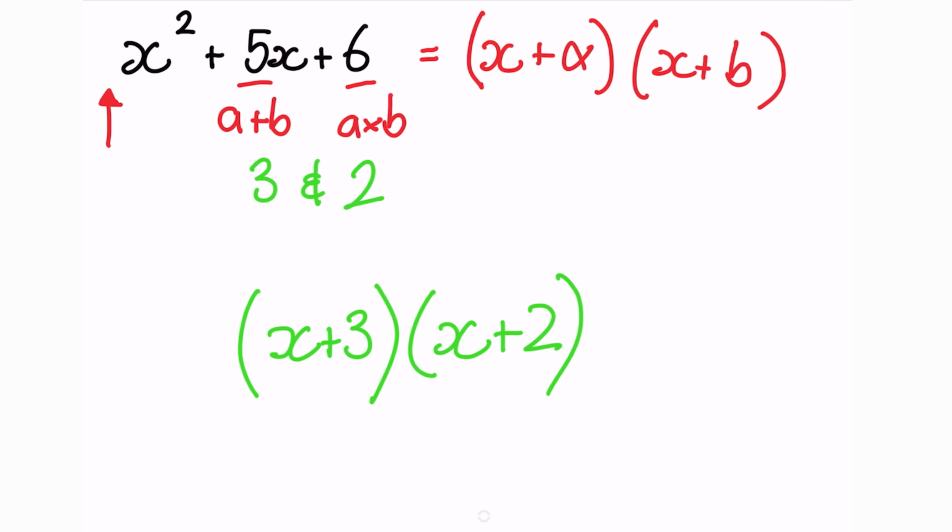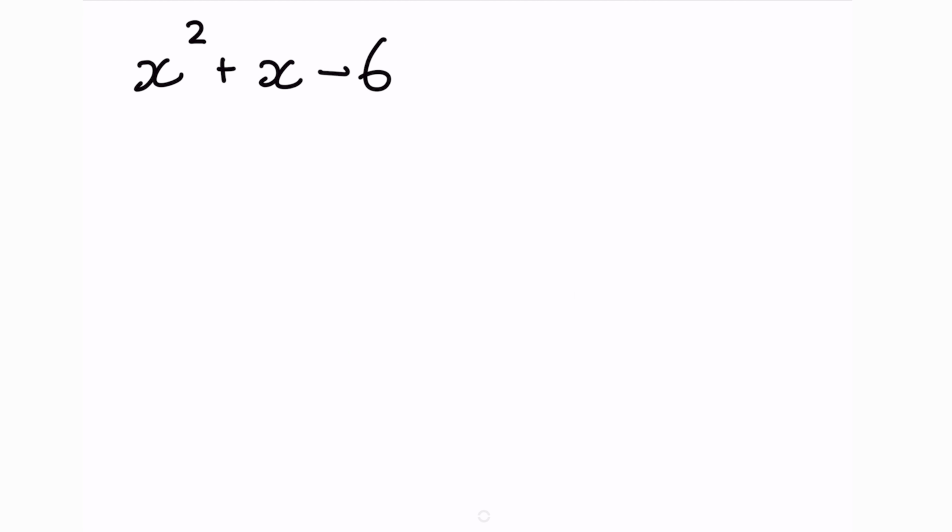Let's look at another example. So the first thing I'm going to do is look at the coefficient of the x, which in this case is 1. So although there's no number there, x just represents 1x. So that'll be 1. And we have negative 6. So negatives are important.